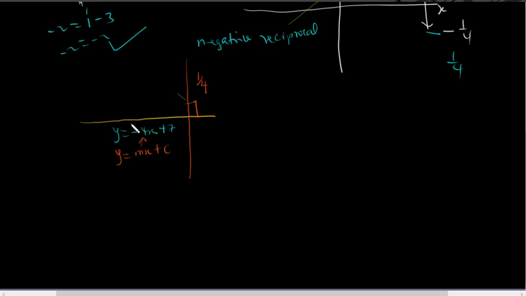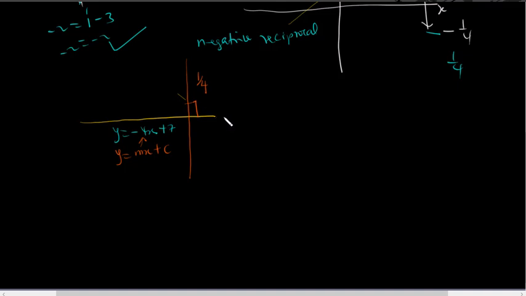If that is negative 4, then that is 1 out of 4. It is as simple as that, because we are saying that the gradient of a line is the negative reciprocal of the other line that it is perpendicular to.